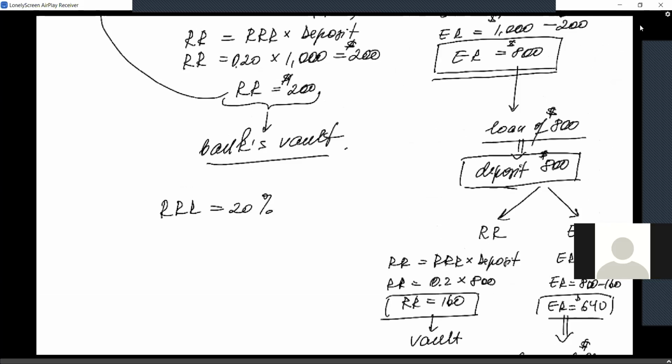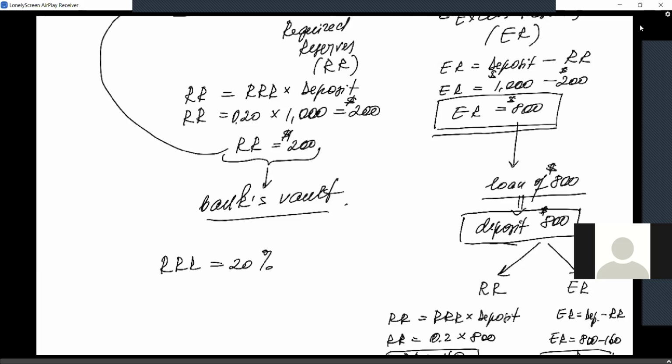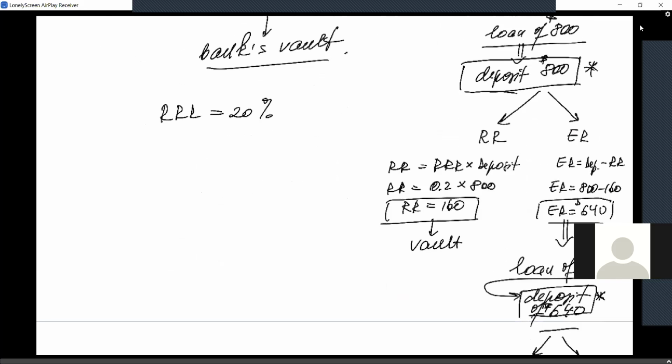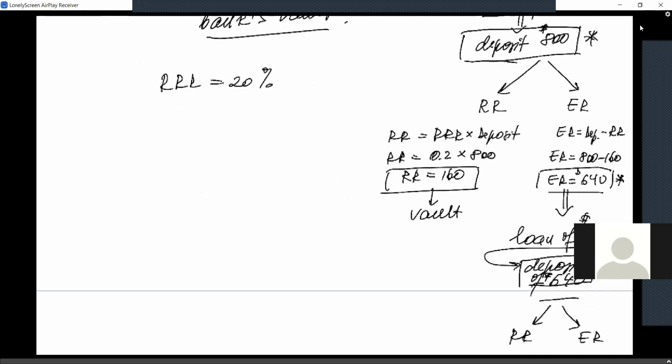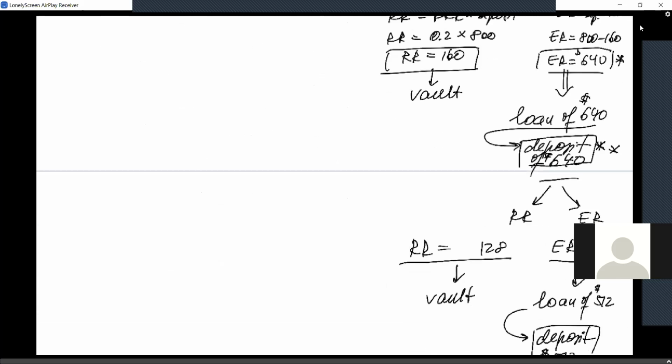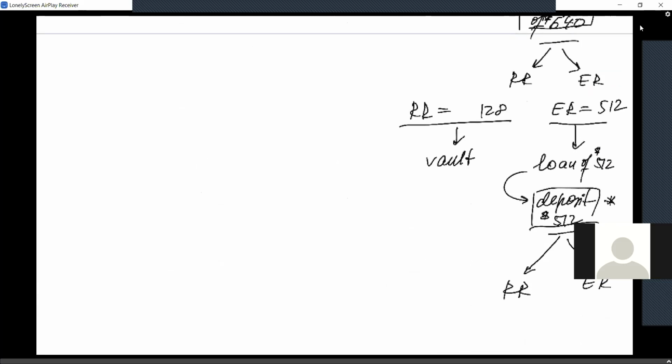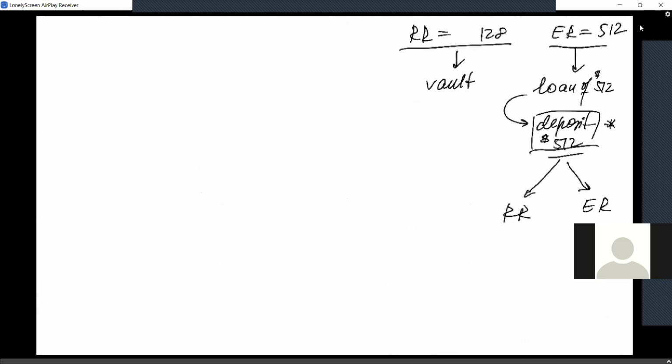Okay, look what happens first. The original excess reserves of $800 created a deposit of $800. The second round excess reserves of $640 created a deposit of $640. That deposit created a loan and subsequent deposit of $512. Okay.